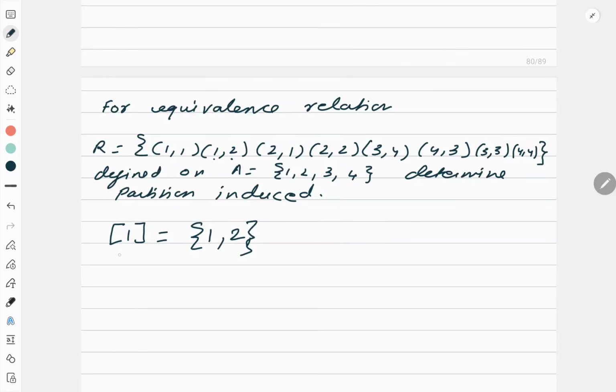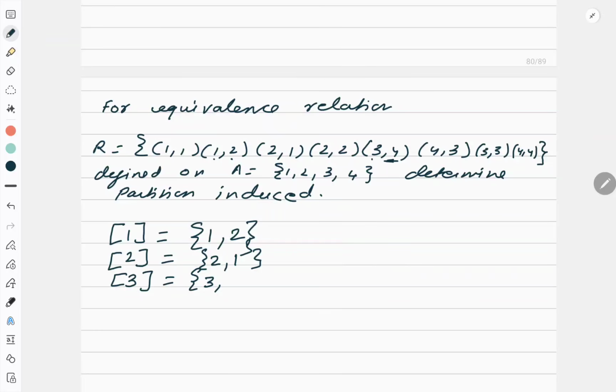Then I'll write down the equivalence class of 2. If you remember, I said if an element is related to another element, their equivalence class will be the same. Let me write, then you will understand. 2 is connected to 2 and 2 is connected to 1 also. So if you observe, the classes of 1 and 2 are the same. Correct? Now go to 3. For 3, the first element will be 3 for sure.